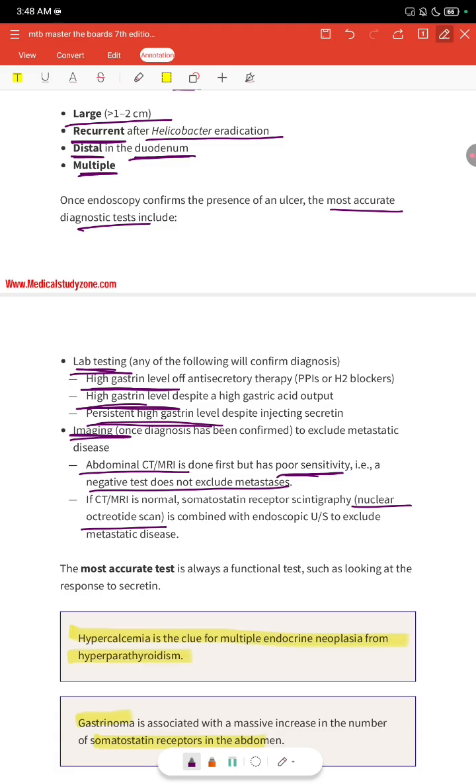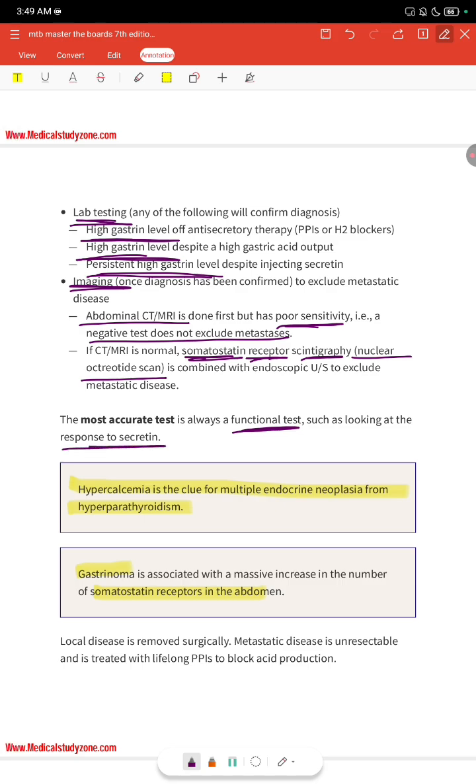So if CT or MRI is normal, somatostatin receptor scintigraphy, that is a nuclear octreotide scan, is combined with endoscopic ultrasound to exclude metastatic disease. The most accurate test is always a functional test, such as looking at the response to secretin. This is the most accurate test.